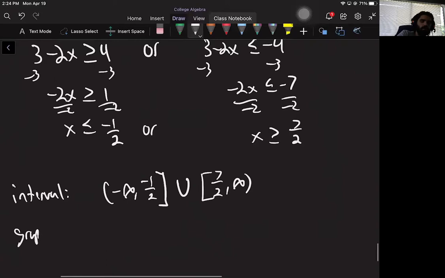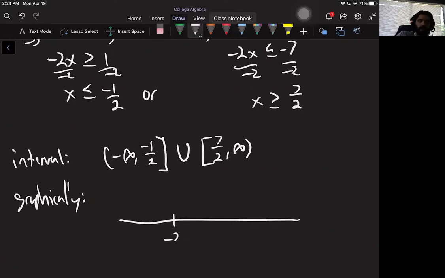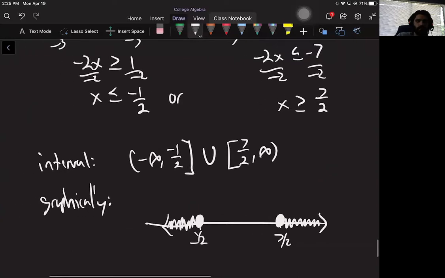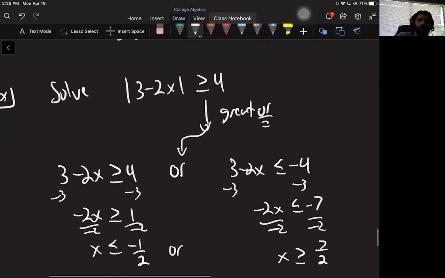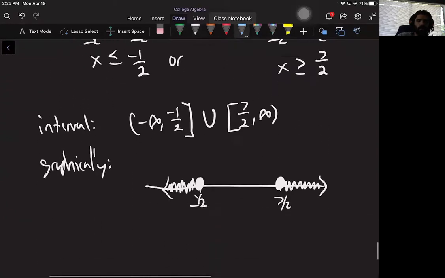And then graphically, same thing, -1/2 can be included. So I bubble that in and then go to the left. Then I jump all the way to 7/2, bubble it in, and go to the right. Okay, so again, the key is identifying which direction this is facing, because it's a greater than, it's an or.